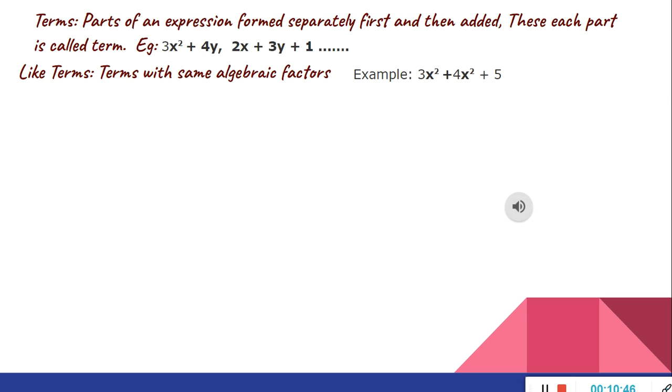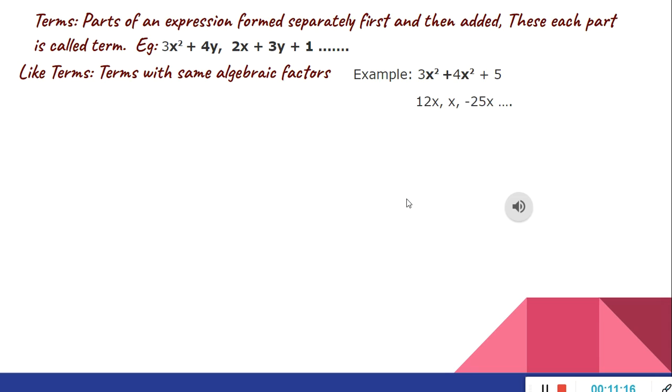So if you compare these two terms, 3x square and 4x square, both have the same algebraic factors, right? Because both have x square as their algebraic factor, isn't it? So therefore 3x square and 4x square, these two are like terms.